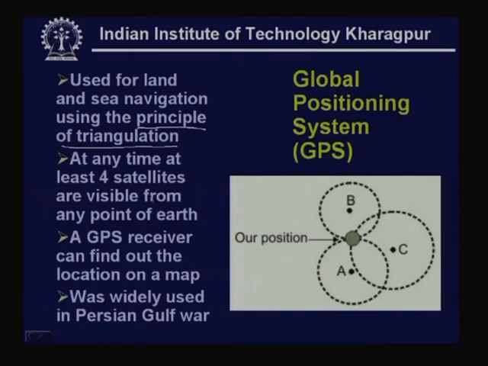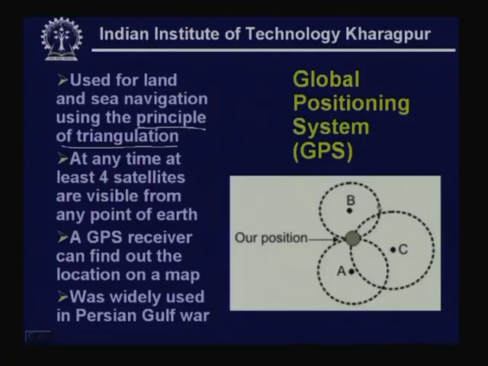And another satellite is used to provide the time. That means, these GPS satellites each have four very accurate clocks based on nuclear material. So, those clocks give very accurate time.